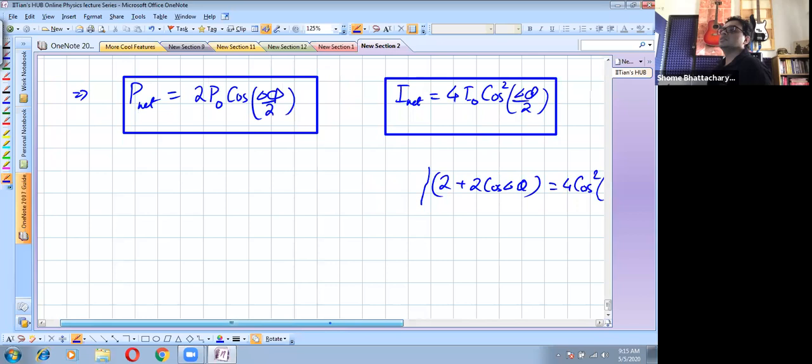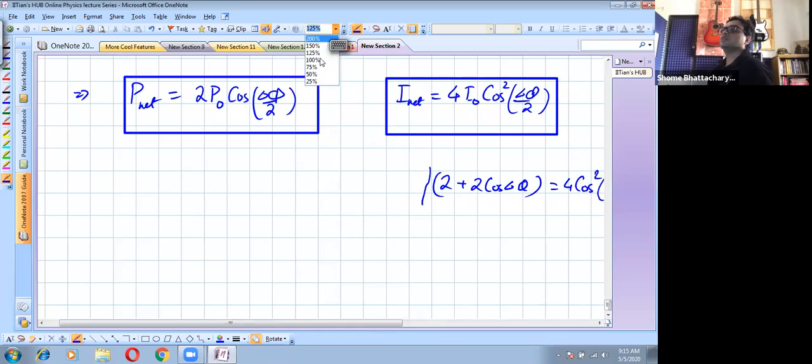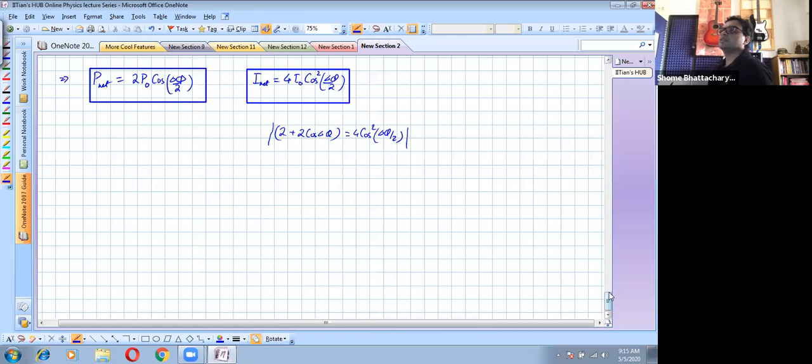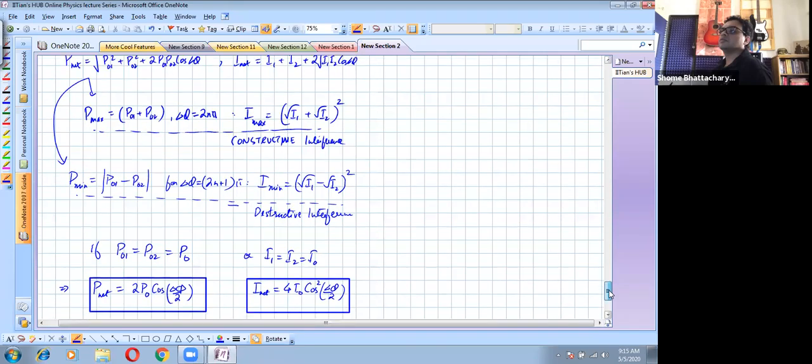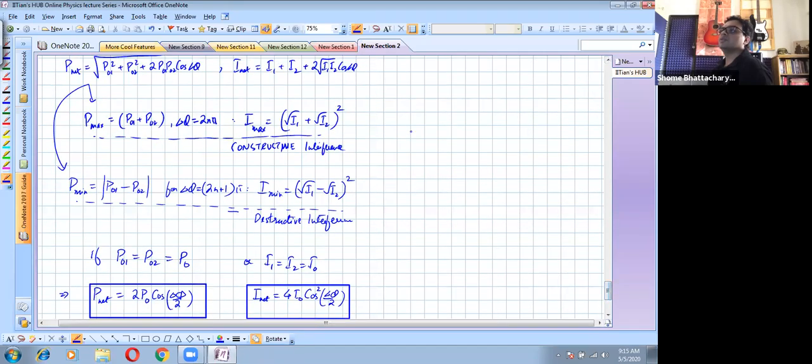So these are two special formulae for the situation where the sources are individually producing the same intensity or the same pressure amplitude at a given point. This is very useful. These are some additional formulae which are very handy. In this one, then, the condition for destructive and constructive, and then this one.